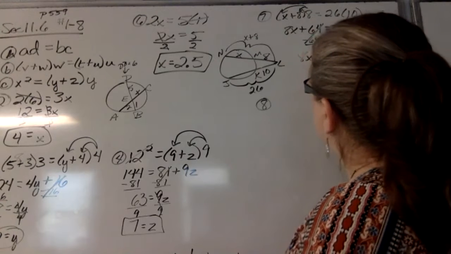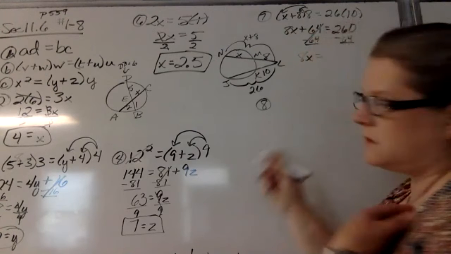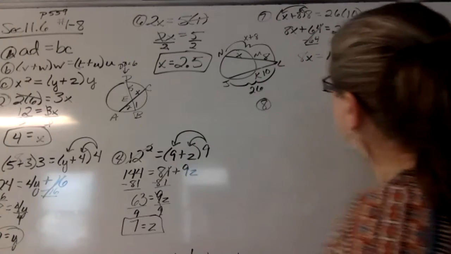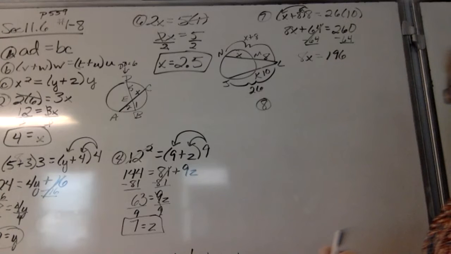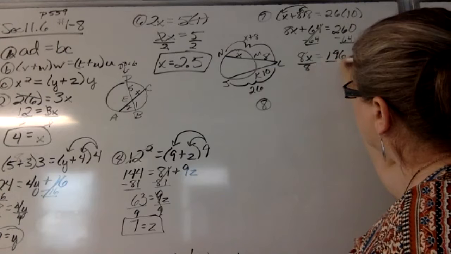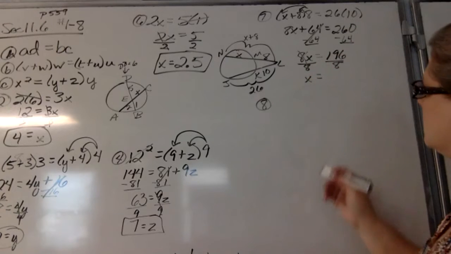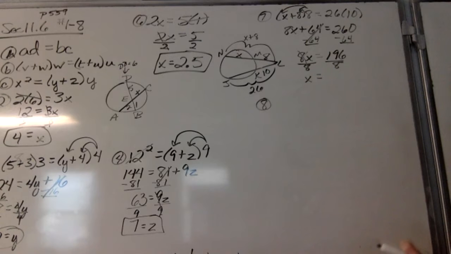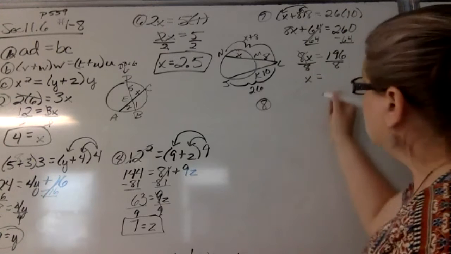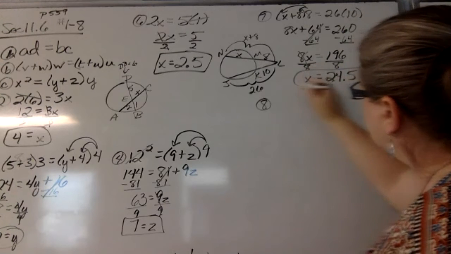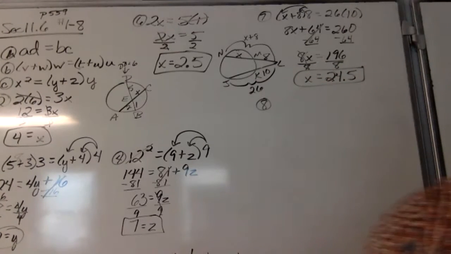And so I have 8x equals, and then I'm going to take 260 minus 64. I get 196. And then I'm still trying to get x by itself. I have an 8 in front of it. So I divide both sides by 8. And I have 24.5. Okay.